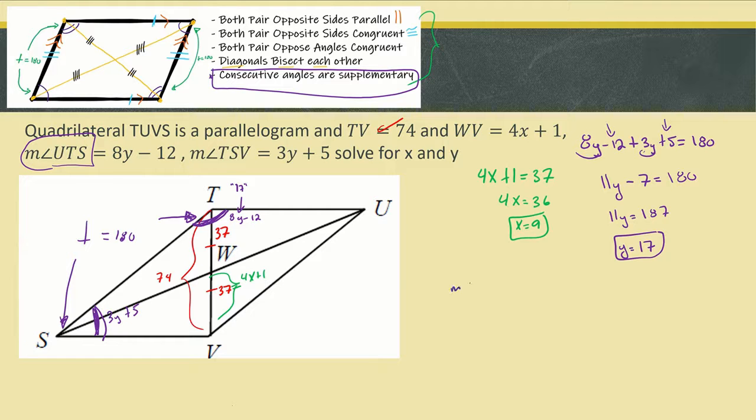So we can say the measurement of angle UTS is equal to 124 degrees. And then if I substitute in for y there, we get that angle TSV is equal to 56 degrees.